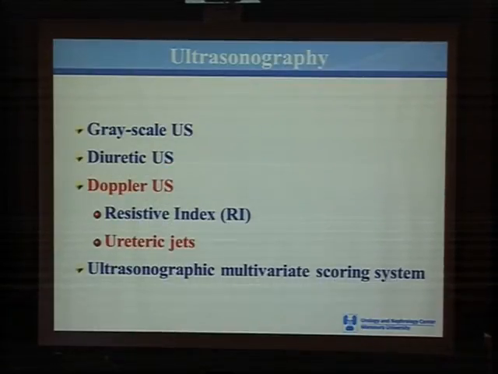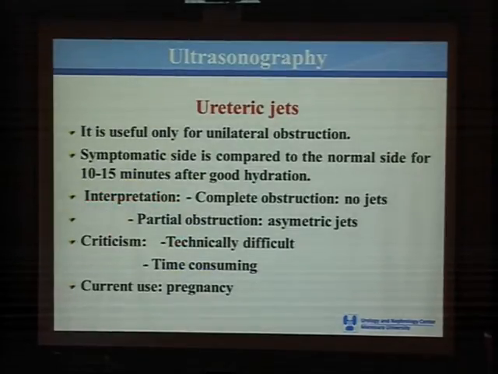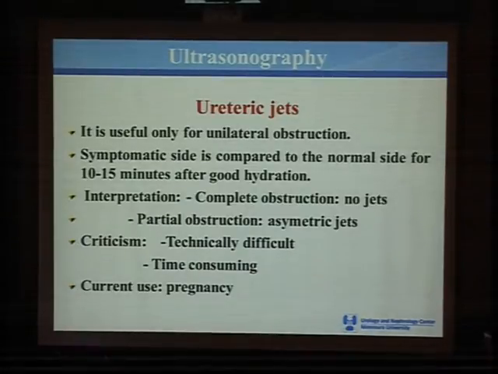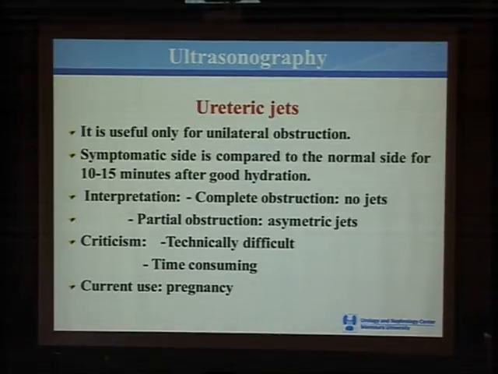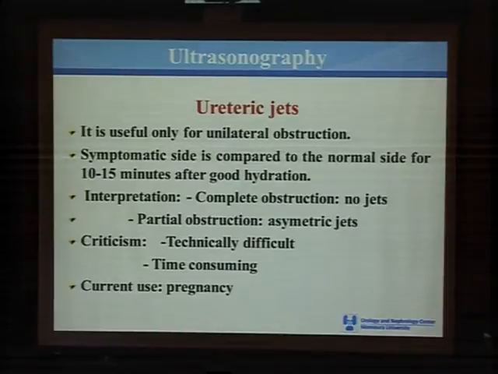Then, what is the other approach of the Doppler ultrasound to diagnose obstruction? What we call the ureteric jet. What is the ureteric jet? You know that the urine comes from the ureteric orifice by peristalsis, and it goes from the orifice to the bladder by jet, like ejaculation, not passively by gravity.